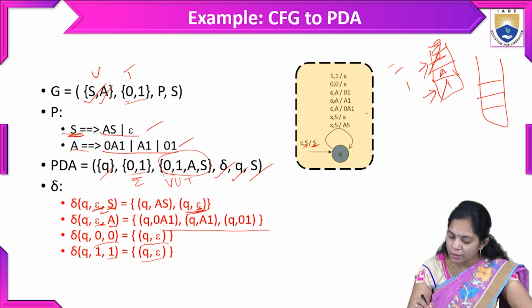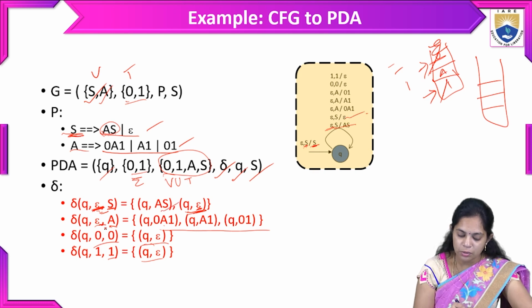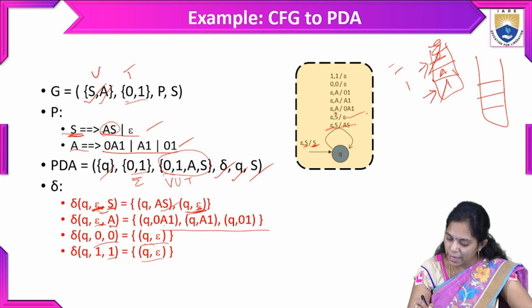And whenever we are giving epsilon as an input symbol, and the top of the stack symbol is S, we have to write this production rule also, AS. So this is about this one, and epsilon. And next, the top of the stack symbol is A, and this we have to do.